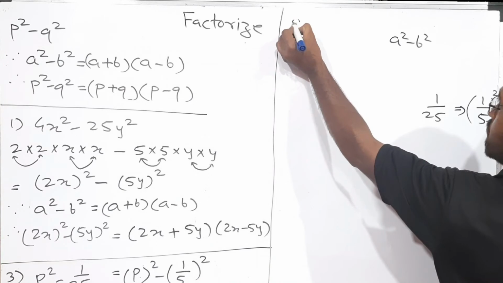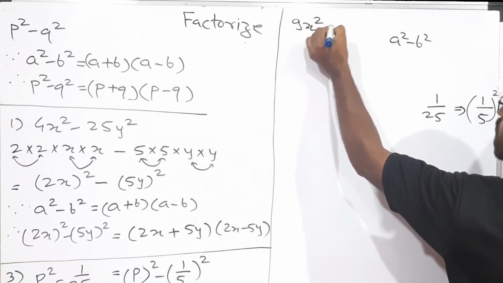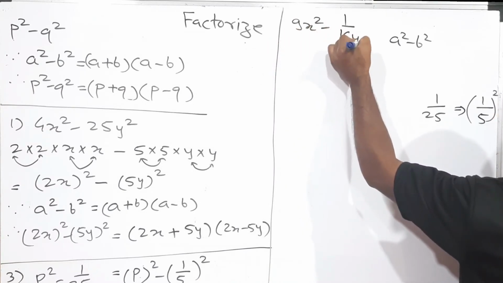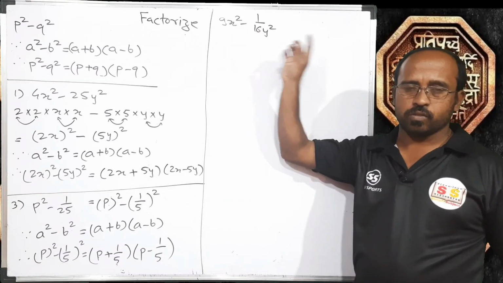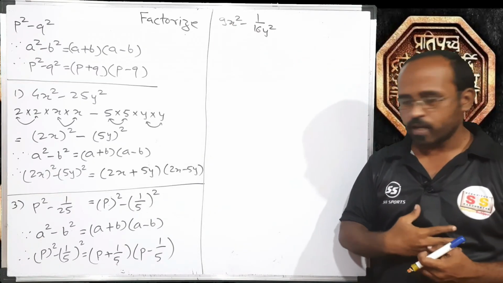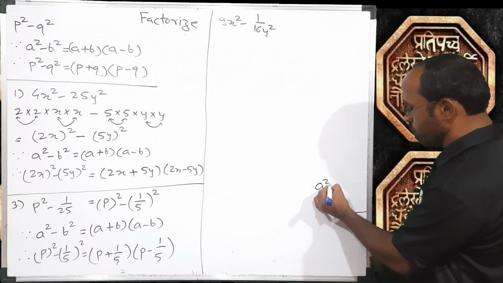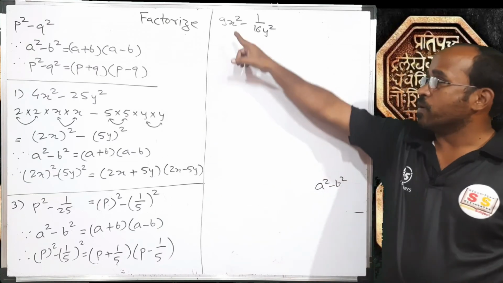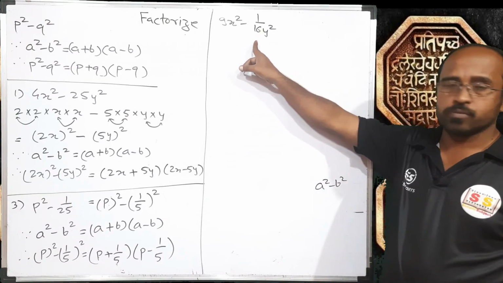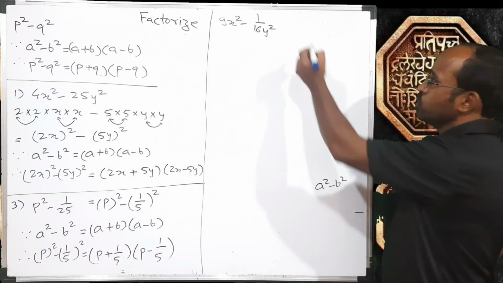Clear? 9x square minus 1 upon 16y square. Nothing common between x and y, 9 and 16. So we have to use the formula of a square minus b square, which is asking for the requirement such that the first term should be square of something, second term should be square of something. So let us see.